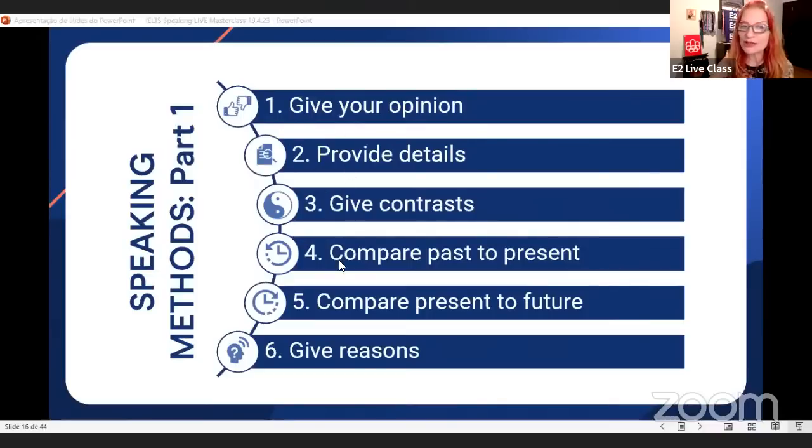These are some strategies that you can use to extend your answers. When to stop in part one. So that's it, 2 to 3 sentences, or when the examiner says, thank you. Now, depending on the question type, you will learn after you practice a couple of questions which method goes well with a certain type of question. So if I asked you, did you enjoy art lessons when you were in school? Well, then you're going to compare past to present.